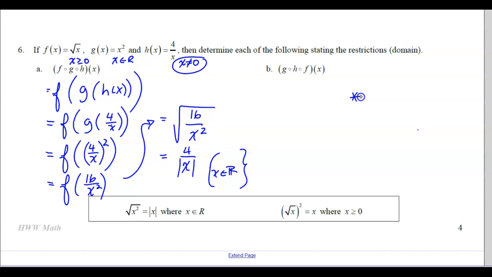X has to be positive to start, not all real numbers, because you have to think about doing this before simplifying. You can't take the root of a negative. So x has to be greater than or equal to 0 to start, then you get x here. So again, it's like a composition of functions. Inside function, outside function. Okay? So we'll leave it there.